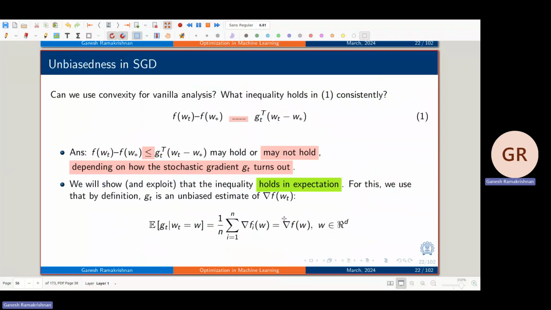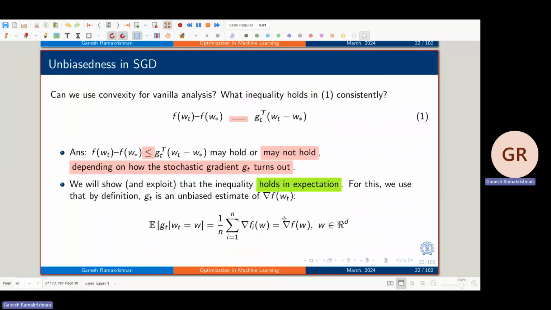So I can't deal with this directly. I want to talk about this in expectation. Probability means you have to bring expectation. What else, right? So what's the expected value of a gradient? It's the empirical average. You can take 1 upon n, right? Now, if you assume that g_t is an unbiased estimator, that is, the expectation coincides with the empirical average, right?